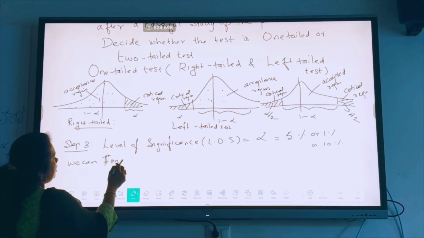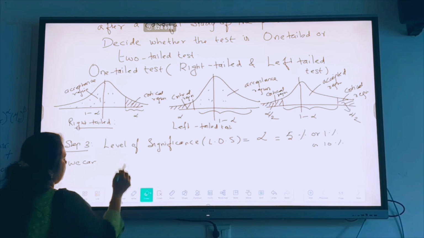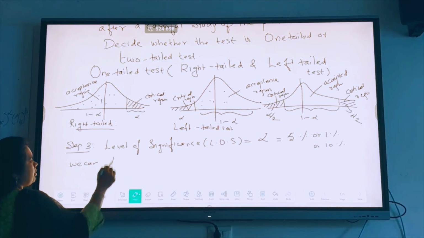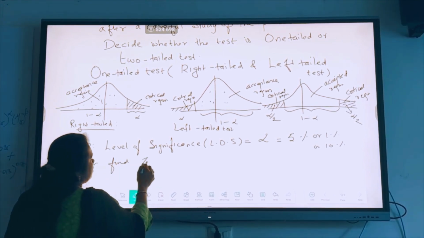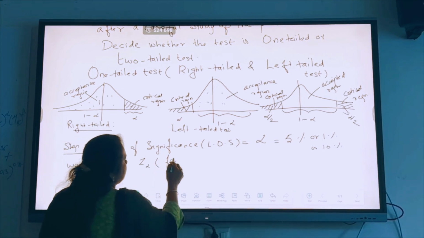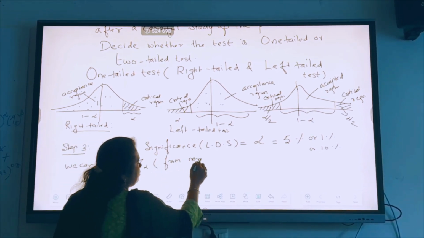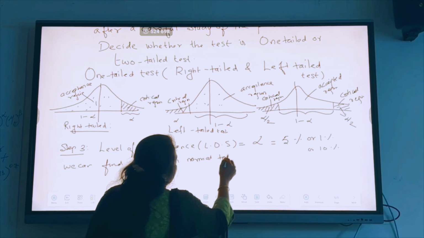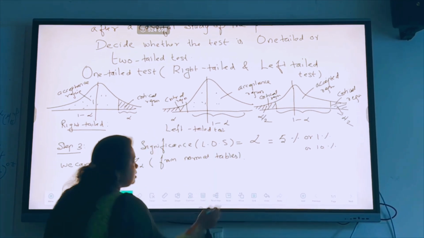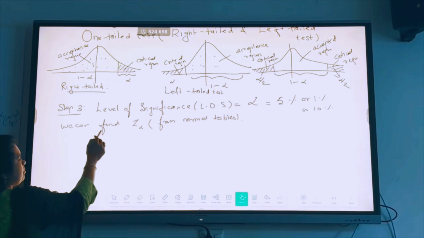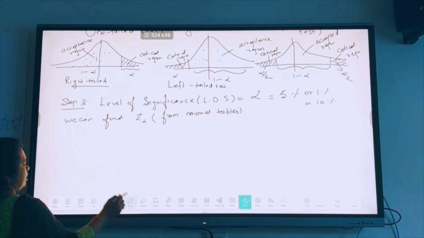We can find Z alpha from the normal tables. So what is that normal table? This is the normal table.